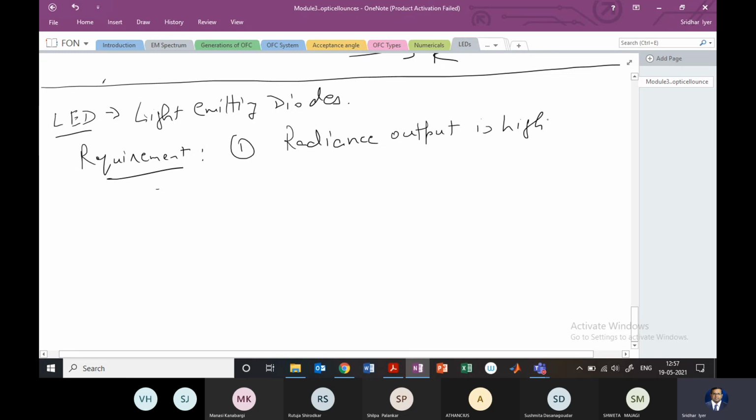This is necessary so that we can couple it with the fiber, because we know that the fiber itself has many losses like attenuation and dispersion. So high radiance from the LED really helps us to compensate for the losses in the fiber. This radiance we can also call the brightness.